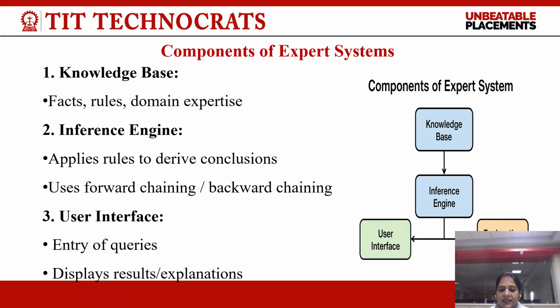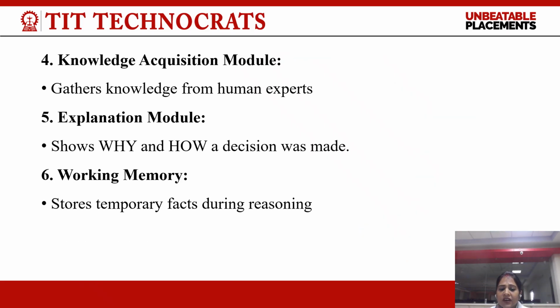User interface will contain different entry of queries and will display results and explanations. Knowledge acquisition module will get this knowledge from human experts. Explanation module shows why and how a decision was made. Last, that is working memory, most important part, which stores temporary facts during reasoning.